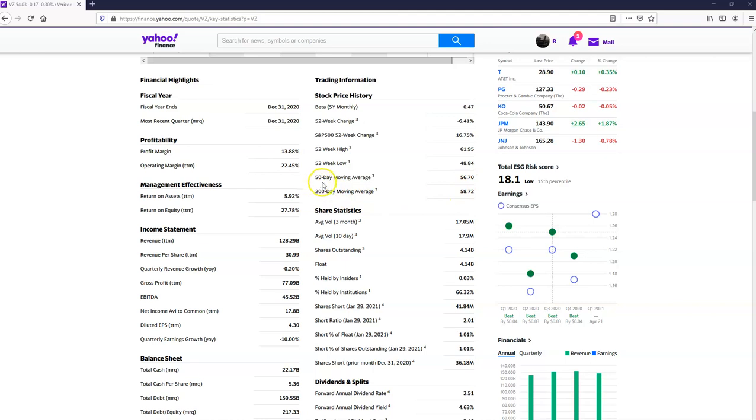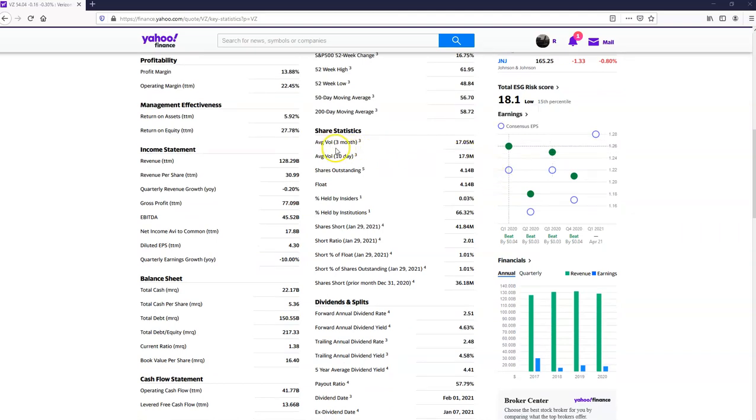This is supposed to be a midterm indicator of the direction of the price of the stock. The 200-day moving average is a moving average of the price of the stock over 200 days. It's supposed to be a long-term indicator.